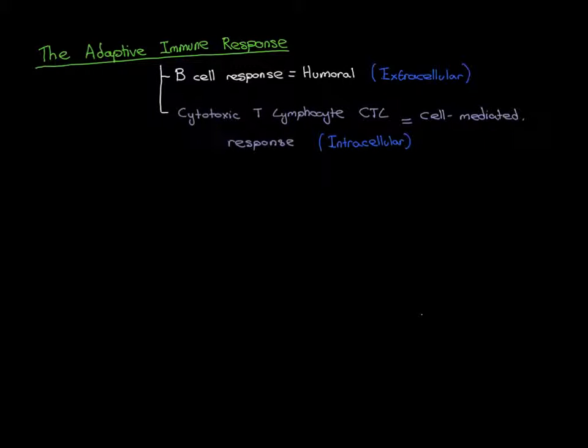Now, let's actually go to the technicalities of how this happens. It starts with T-cell activation. Both of these pathways start with T-cell activation. This one, it's obvious that we're going to have to activate T-cells. This one, it's less obvious. However, in order to activate B-cells, you have to activate special types of T-cells called T-helper cells.